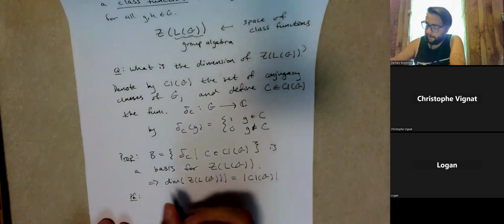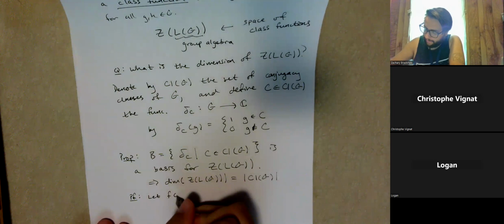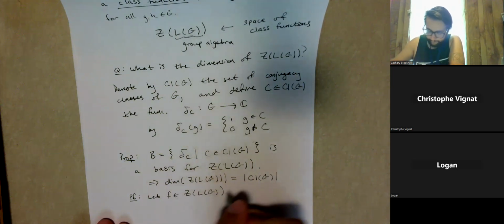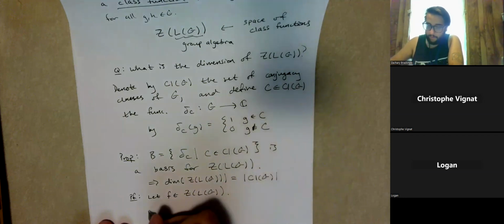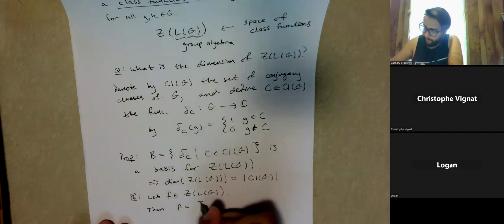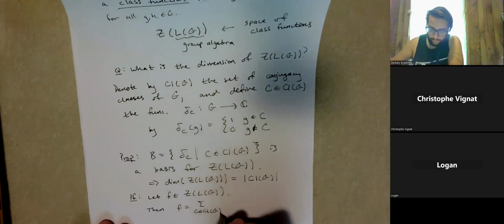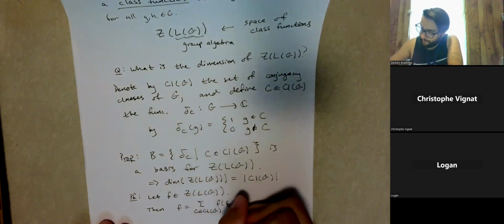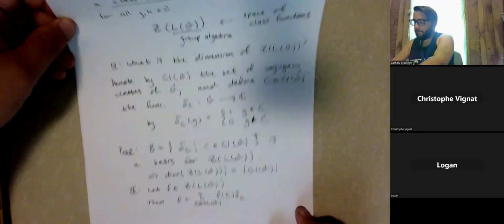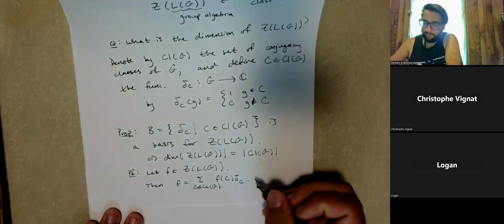Now to finish the proof, let's let F be in the space of class functions. Well, then we can write F as the sum over the conjugacy classes of F of C delta C. So why is this the case?